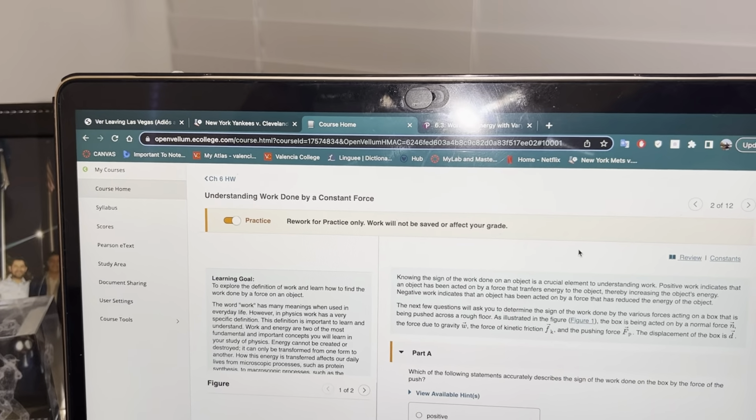So in this case, we got this free body diagram. The force we're trying to look for is this one, the force of push, and the normal, that is weight, and friction.